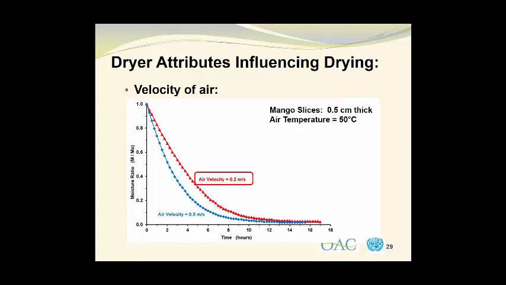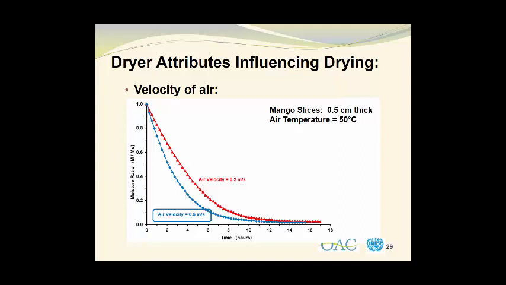The first thing that we'll look at is the effect of having an air velocity of 0.2 meters per second, and that's illustrated by the red curve. You can then compare this to the effect of increasing the air velocity to 0.5 meters per second while keeping the temperature constant, as well as using the same thickness of mango slices.